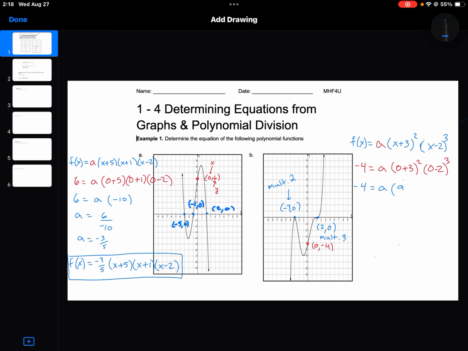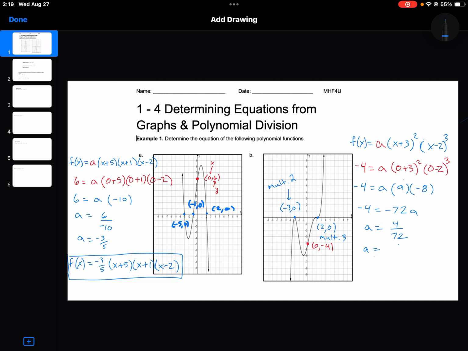On the right-hand side, we have 9 and -8. So we've got -4 is equal to -72a. We can write that as 4 over 72, and then we can reduce that to lowest terms.